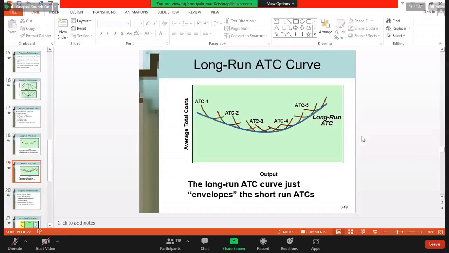So now we have derived the long run average cost. Like that we can derive the long run marginal cost. Like earlier we studied, the long run marginal cost curve also first declines, then goes through the minimum of this long run average total cost curve.